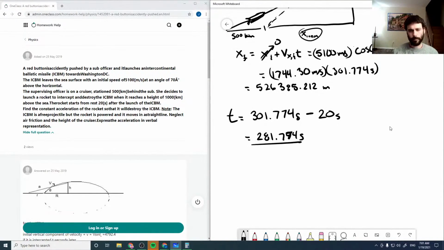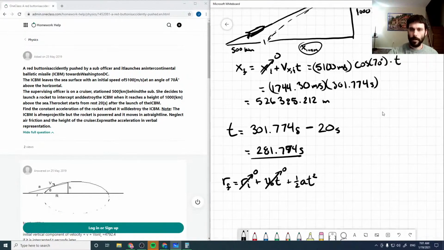And so we're just going to use an RF version. So RF is Ri plus V naught T plus 1/2 a T squared. And we're assuming the rocket starts from rest, so that's 0. We're starting at 0, so that's 0. So luckily we just need to know our distance, and we can solve for our acceleration using our time.